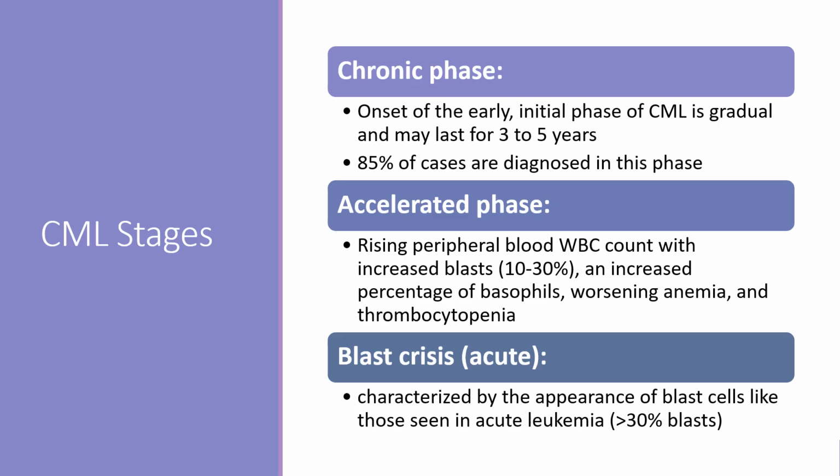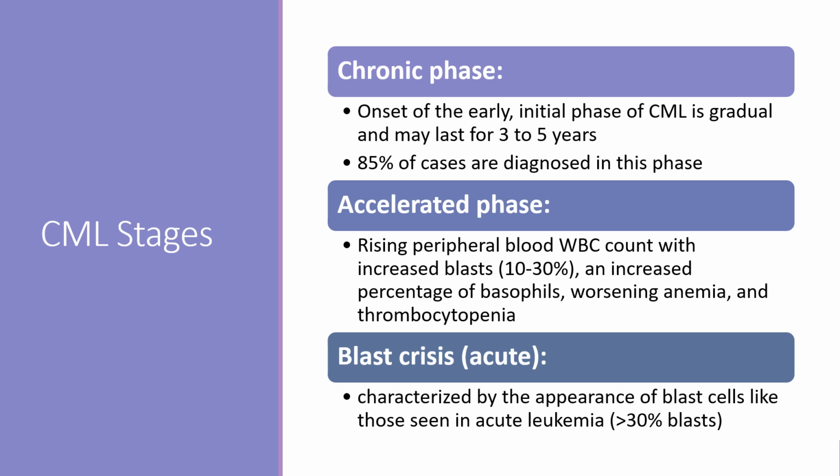Now, this is characterized by the appearance of blast cells like those we see in acute leukemia. And when we have greater than 30% blasts in a blast crisis, we are then transitioning into an acute leukemia. At this phase, though, it's very difficult to determine whether it has actually transitioned or not.